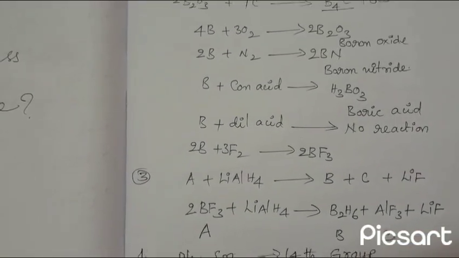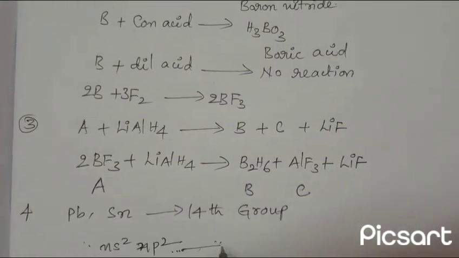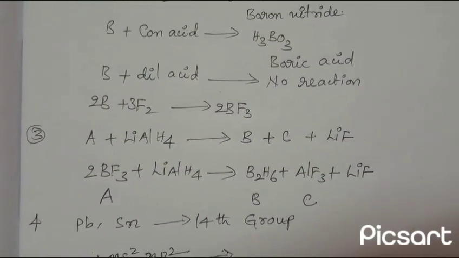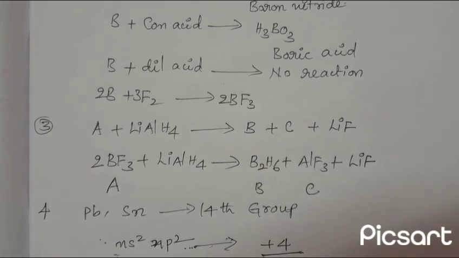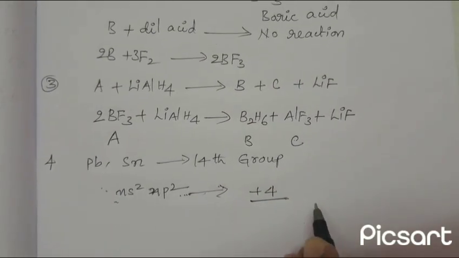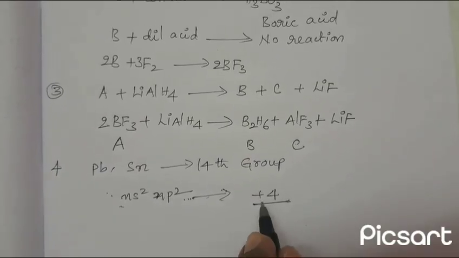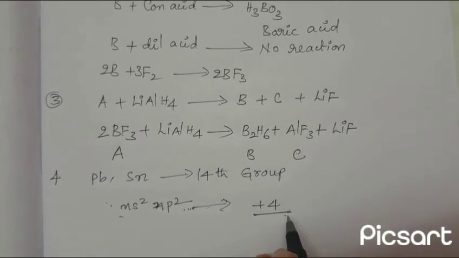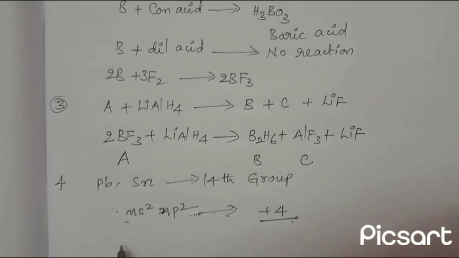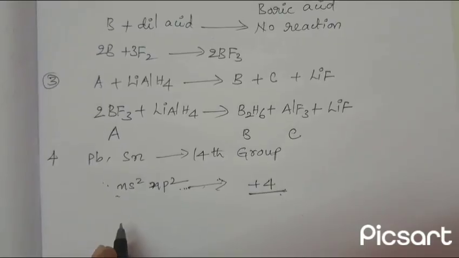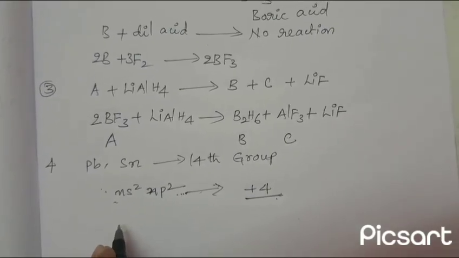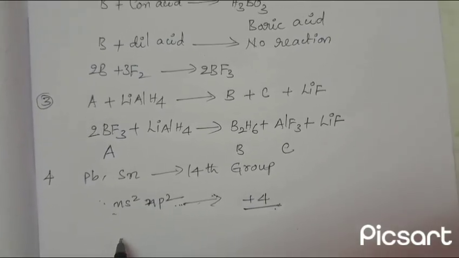So when 4 electrons are lost, generally the most characteristic oxidation state for the group will be +4. So this is for all the 14th group elements, the general electronic configuration, and the most characteristic will be +4.